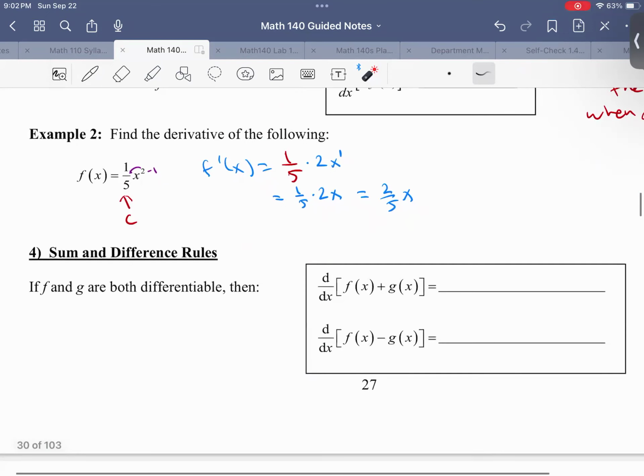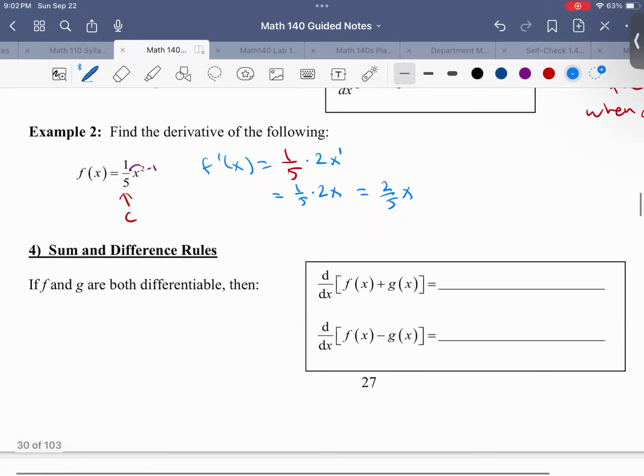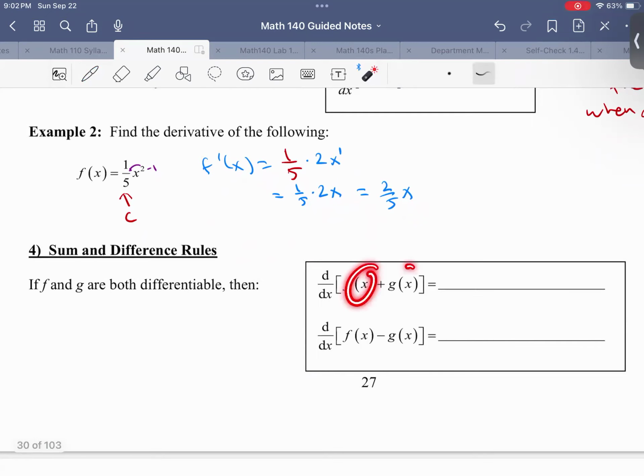Okay. So just a couple intuitive rules, like the sum and difference rules. This just means that if you have f and g that are both differentiable, and you take the derivative of the whole sum, what you can do is take the derivative of them separately. You could just individually take the derivative of each of them.